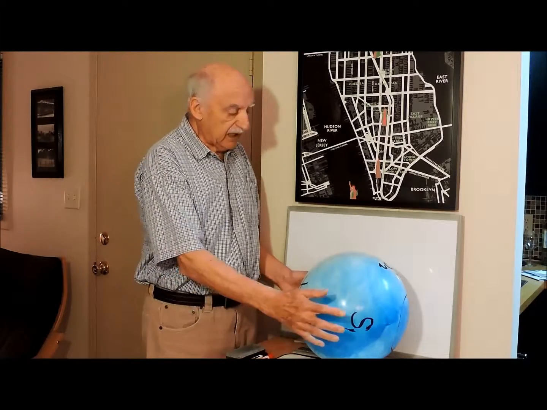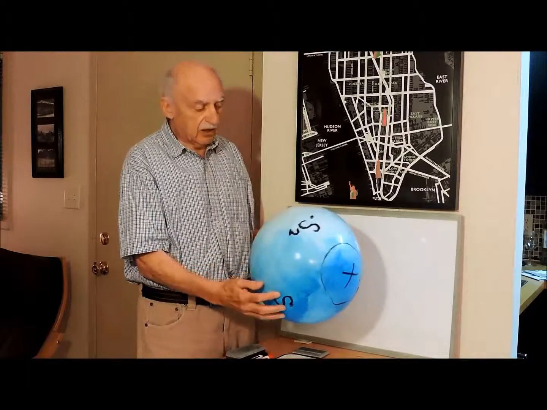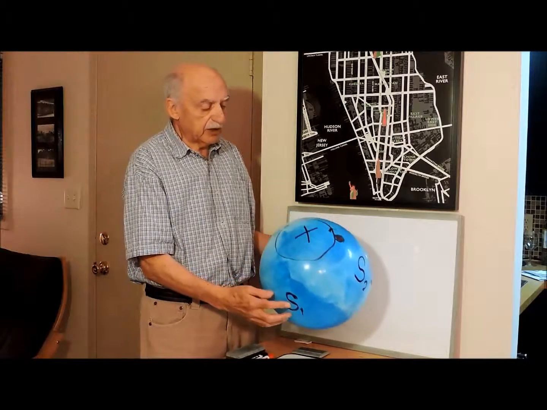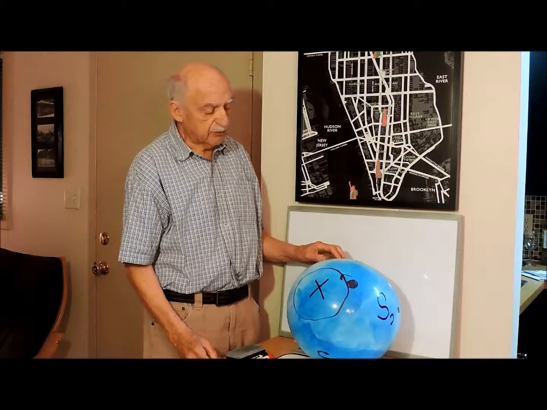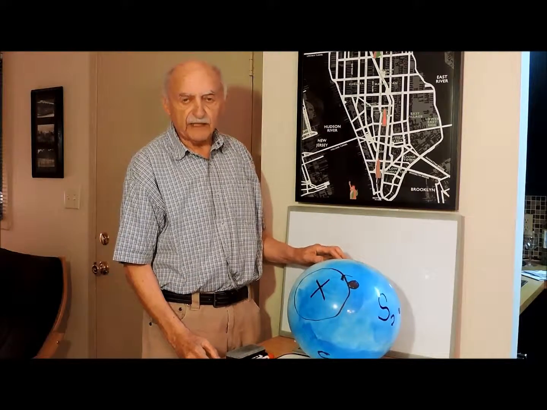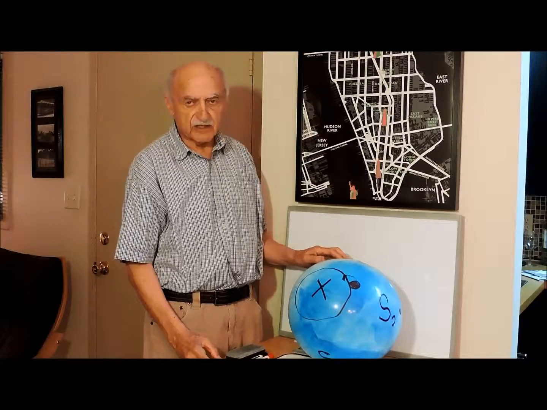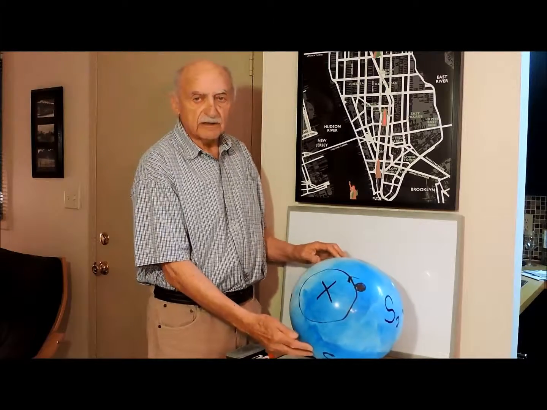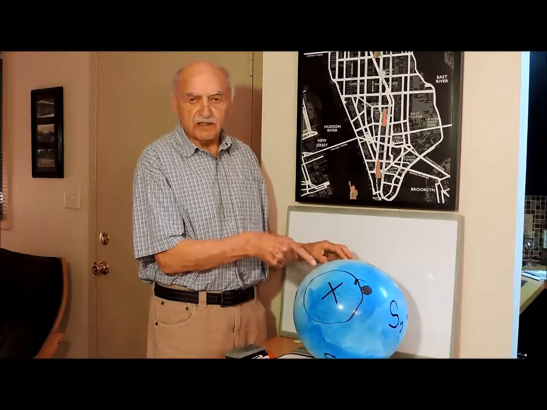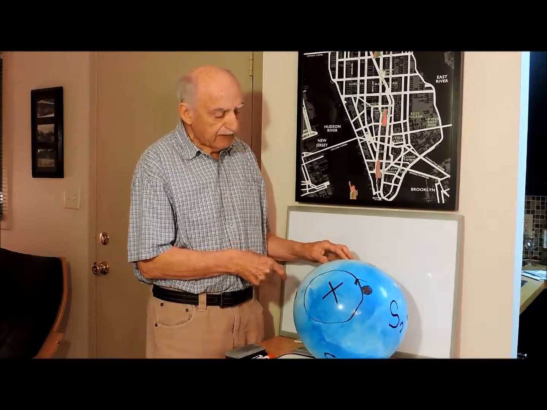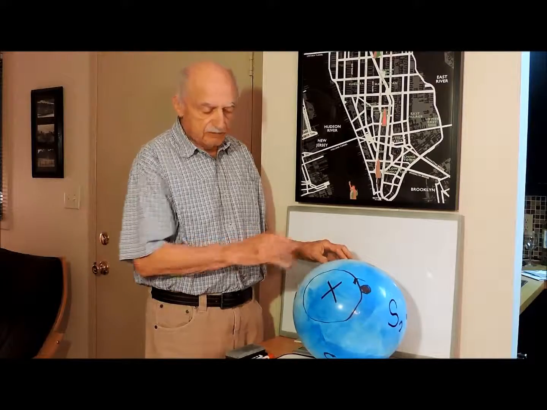And that's why I've taken this sphere, which we're going to use to simulate or to represent a model of a two-body system such as the Earth and the Moon. And if you can imagine the Earth in the center of this sphere and the Moon on the surface.